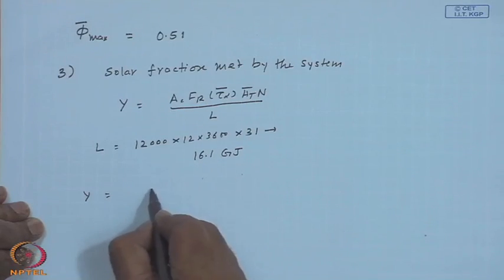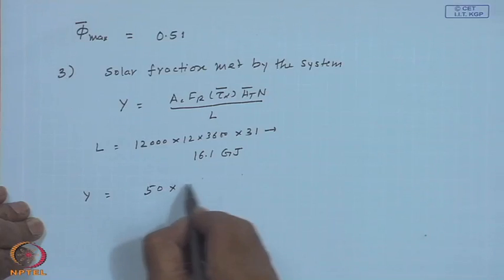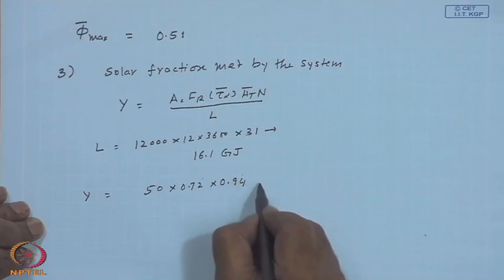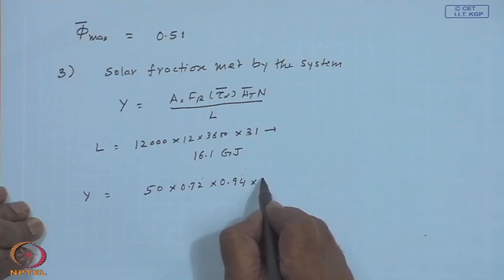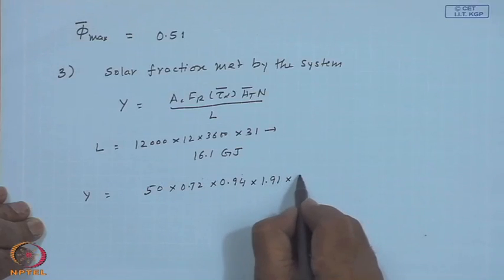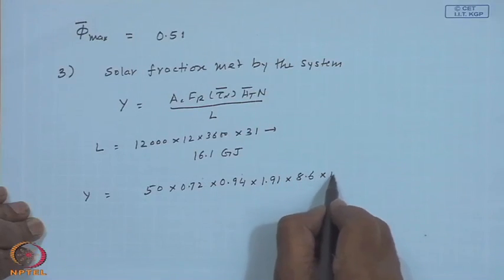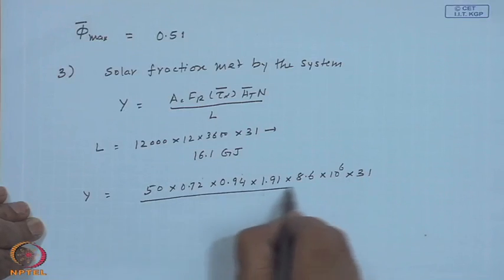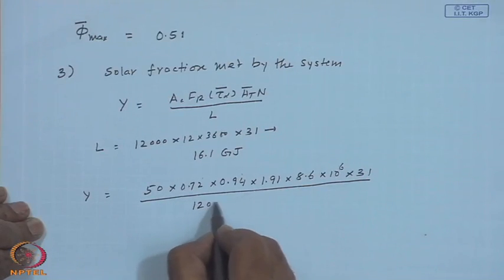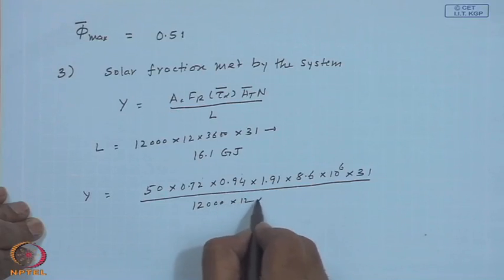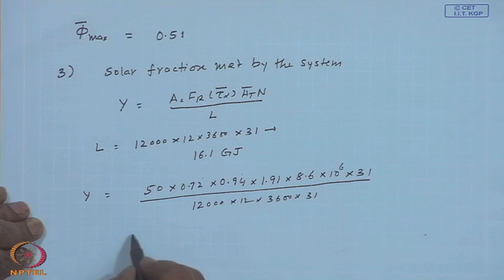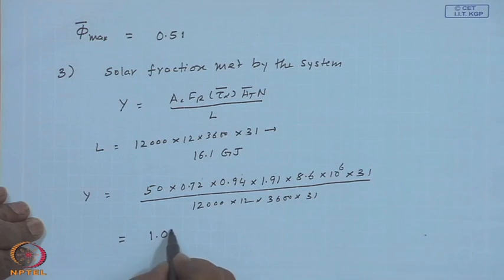So, y will be area is 50, FR tau alpha normal is 0.72 multiplied by tau alpha bar by tau alpha normal 0.94, just now we have calculated, times R bar 1.91 times 8.6 into 10 to the power 6 joules multiplied by 31 by this chunk 12,000 into 12 into 3600 into 31, which will come to 1.07.